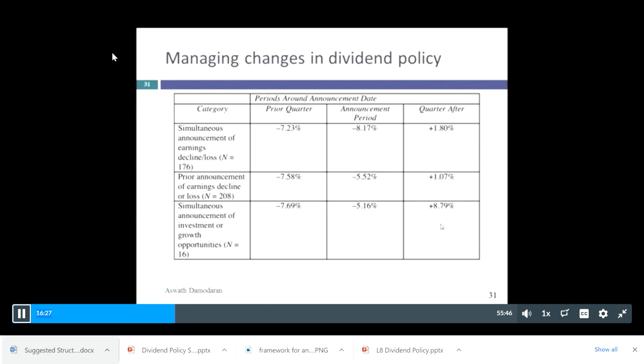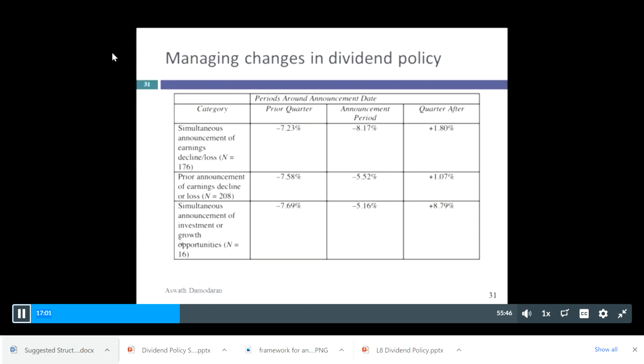But then in the quarter after, when investors start to see tangible evidence maybe of those investment opportunities, and you get investors coming in who did not like dividends, and so now are coming to the firm because they're interested in the capital gains rather than dividend returns, then you see a nice bump here in the stock price. And this really kind of shows us that these firms are probably doing the right thing, right?